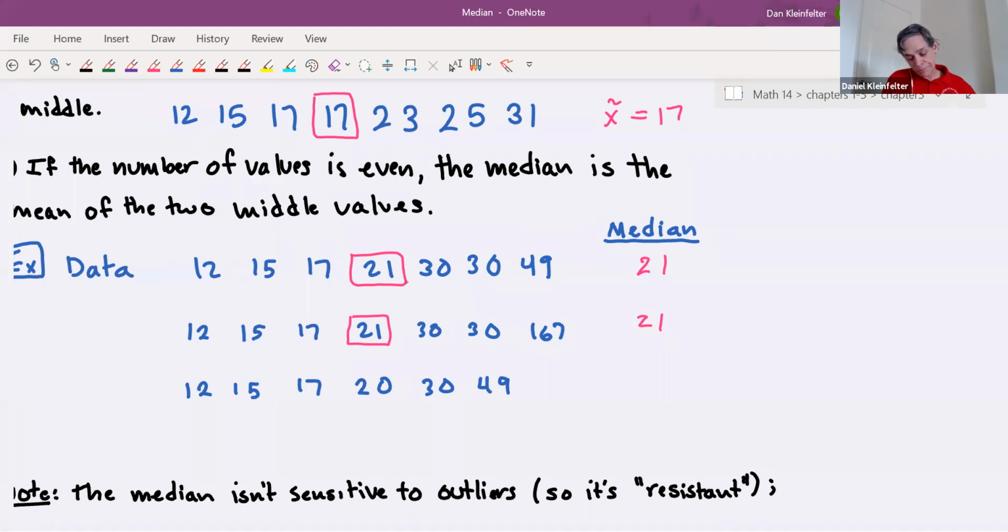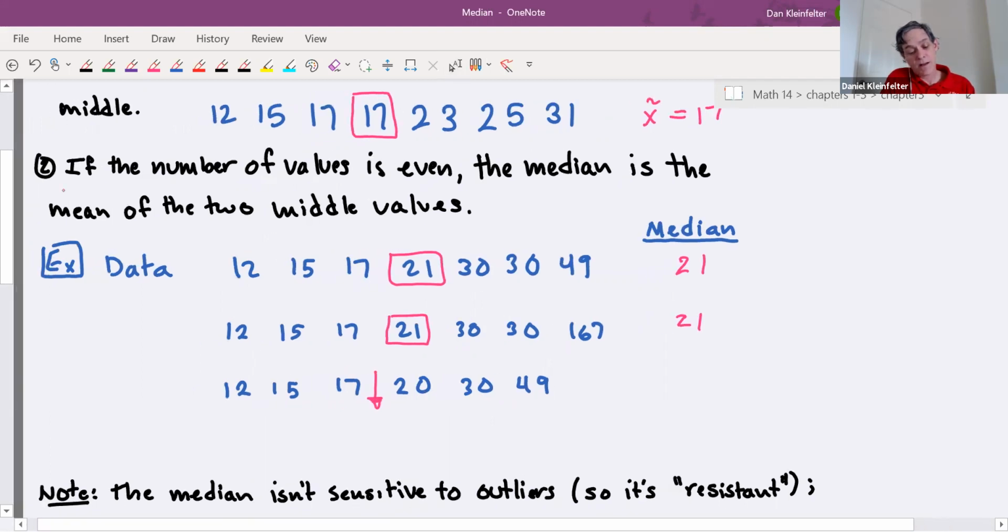the median is. Here we are with an even number of numbers, 12, 15, 17, 20, 30, and 49. There are 6 numbers here. So I would expect the median to fall right between 17 and 20. This is where we take a look at item 2 above. If the number of values is even, the median is the mean of the 2 middle values.